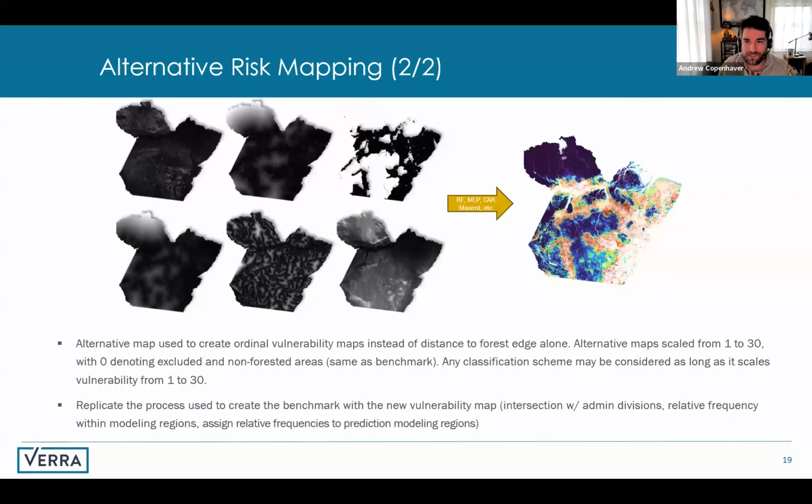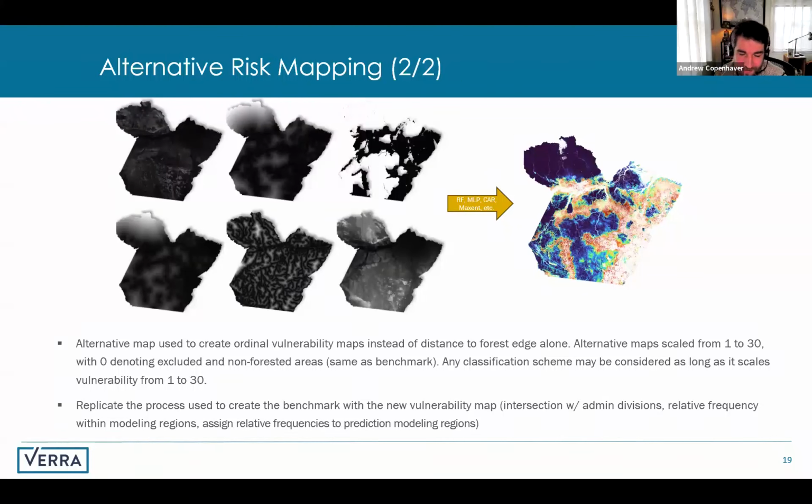What do I mean when I say alternative risk maps? Basically, I mean better maps created with variables beyond only distance to forest edge, and the potential use of more complex modeling methods. So while we acknowledge that distance to forest edge is an important predictor, and as an individual predictor, it's very good, we expect that multivariate models, including covariates such as distance to roads, protected areas, slope, population density, etc., will yield better results than distance to forest edge alone.